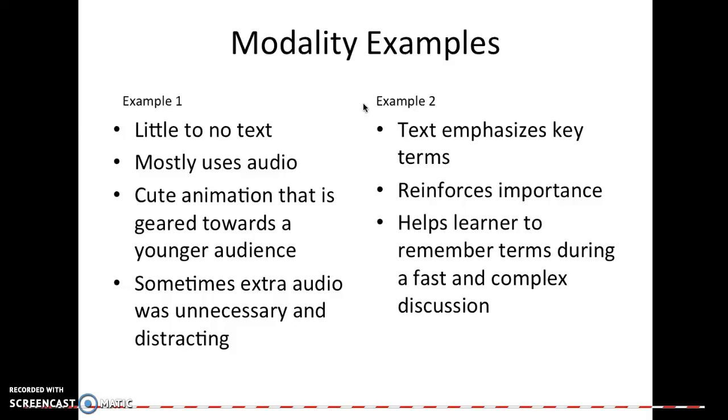So just having it once kind of emphasized the key term, reinforced its importance, and there was a whole bunch of other information given before to describe what it was, but having that one term helped the learner remember what it was during a fast and complex discussion.